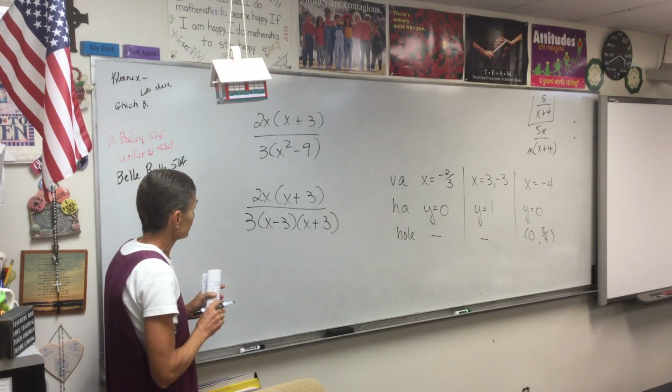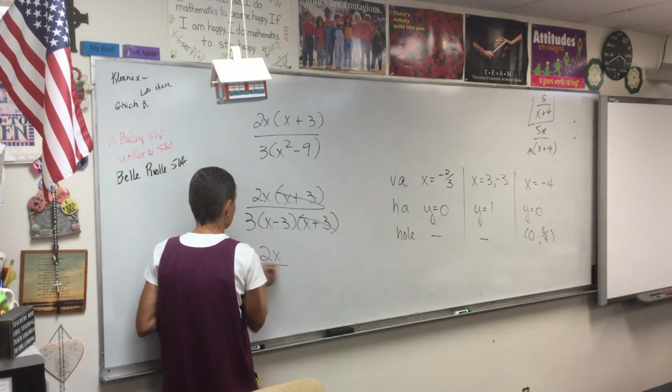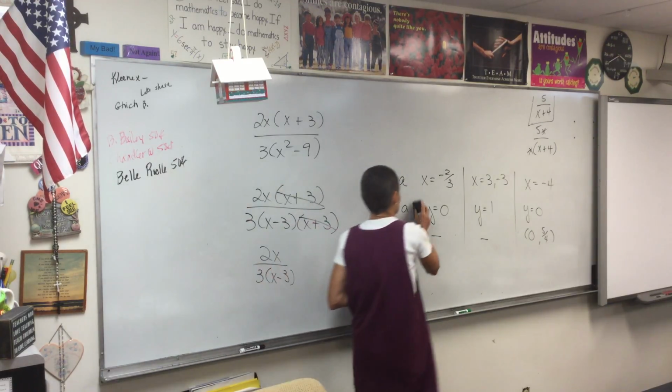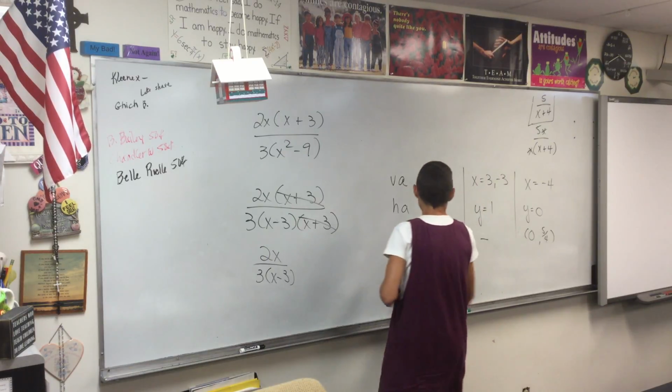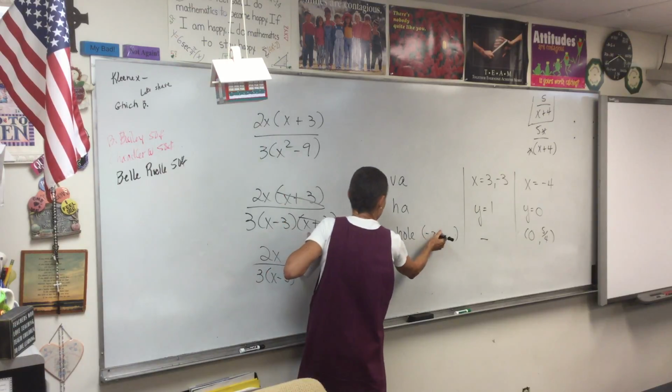What happens? You get a hole. I'm going to have a cancellation, which means I'm going to have a hole. And where's that hole going to be? It's going to happen where x is negative 3.